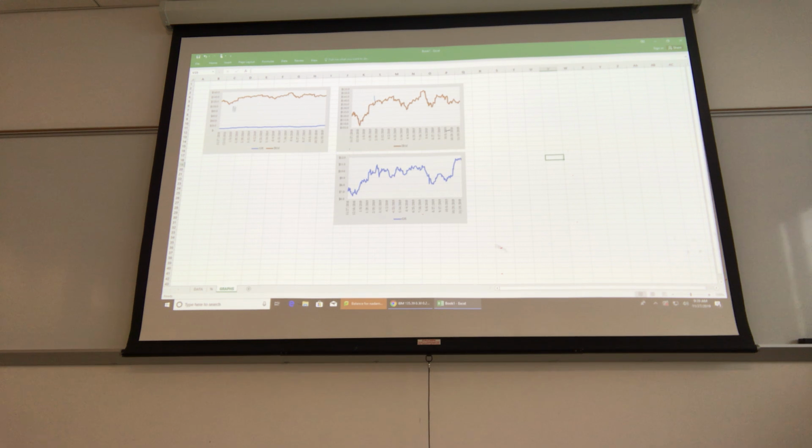If I want to see them together, what I need to do is take one and put it in a secondary axis. And as I have the secondary axis, I want to adjust the scale exactly the same way I will have it here.